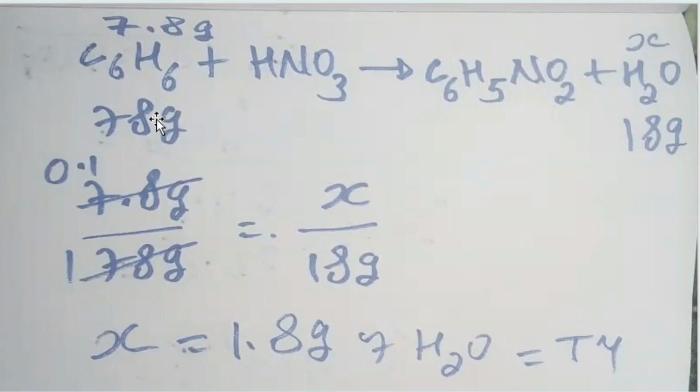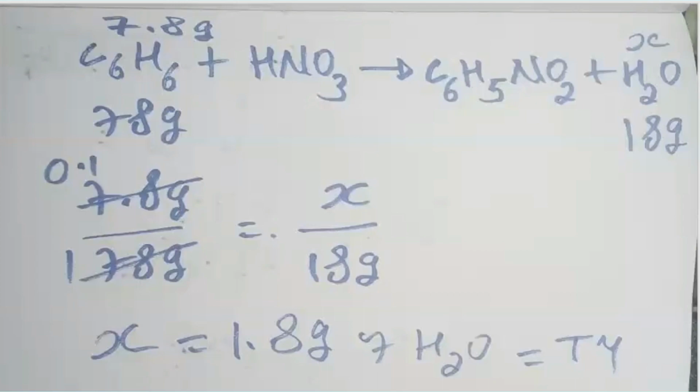If you obtain 18 gram of H2O from 78 gram of benzene, then use the mass ratio: 7.8 gram divided by 78 equals X over 18. 7.8 divided by 78 is 0.1, which equals X over 18. Crisscross: 18 multiplied by 0.1 gives 1.8 gram of H2O. This is the theoretical yield.